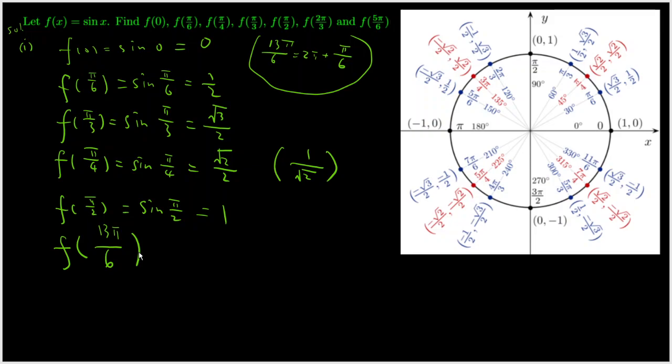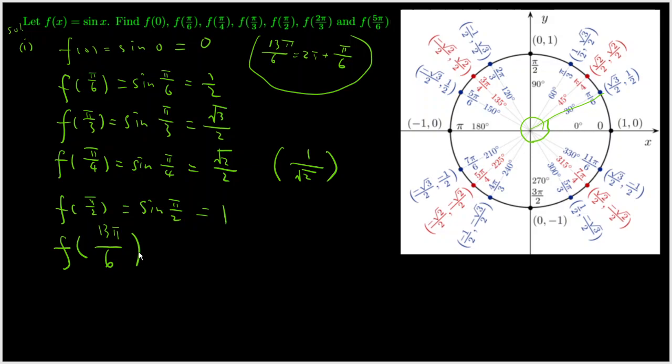So what's the angle of 2 pi? You rotate the initial side of the angle counterclockwise by a complete rotation, that's 2 pi. And then you add another pi over 6. So do you see the terminal point of 13 pi over 6 is actually here?